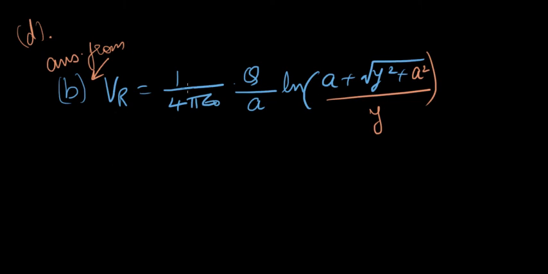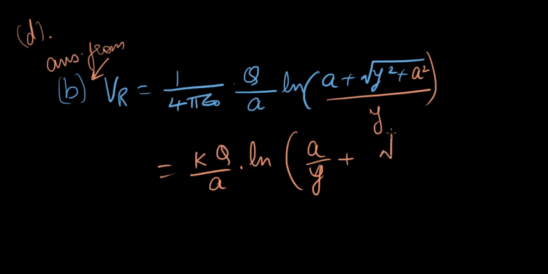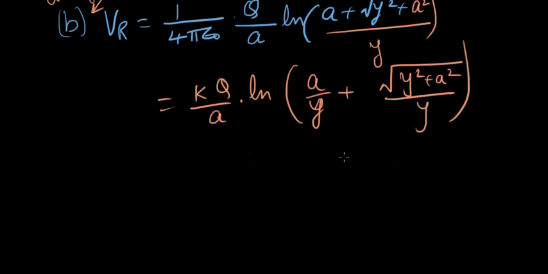So again, let's call this kq over a, and again here let's split this up to a over y plus root of y squared plus a squared over y, and let's play with this term right here.